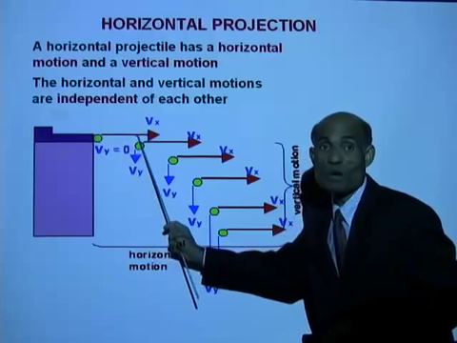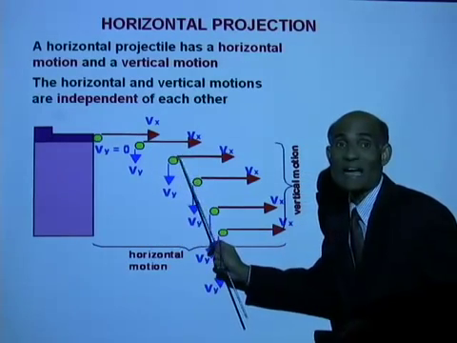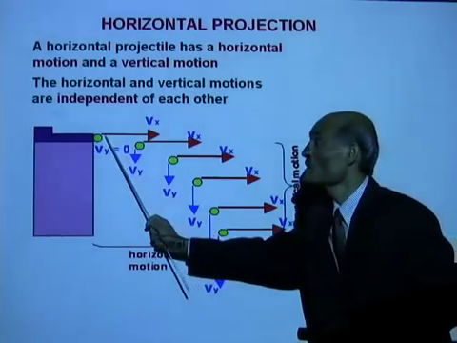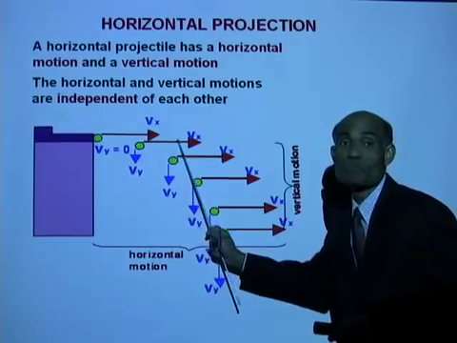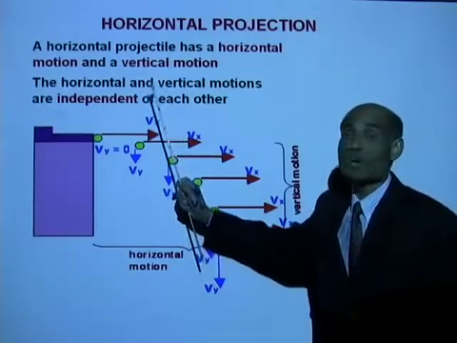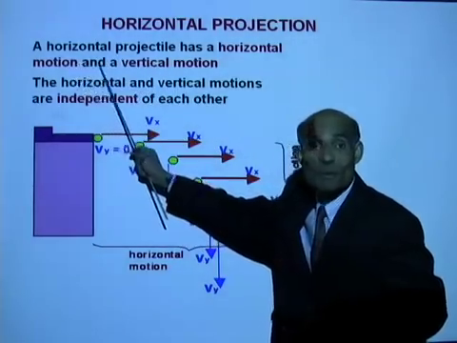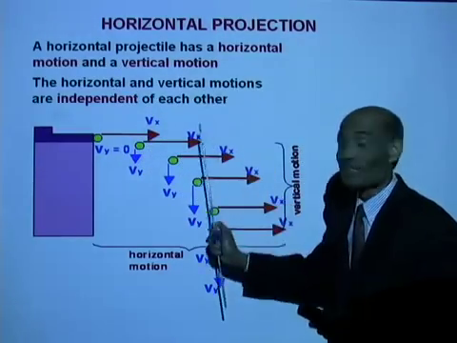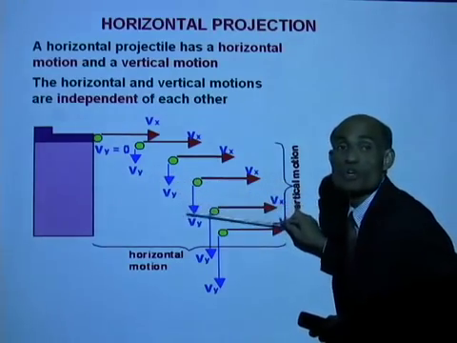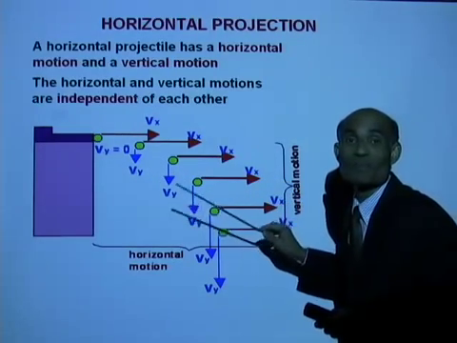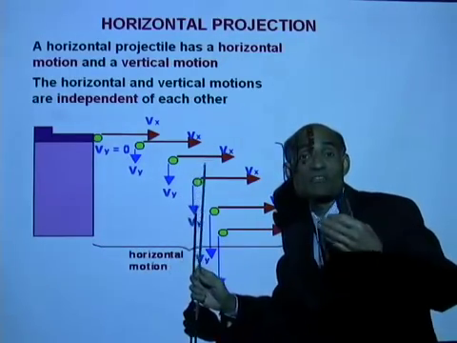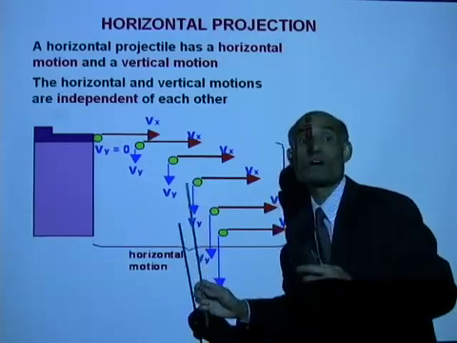Now, take the same example. The horizontal motion continues as though there is no vertical motion. In other words, the horizontal motion of this projectile is exactly the same as the horizontal motion of the ball on the platform. You see? The horizontal motion continues as though there is no vertical motion, and the vertical motion continues as though there is no horizontal motion.